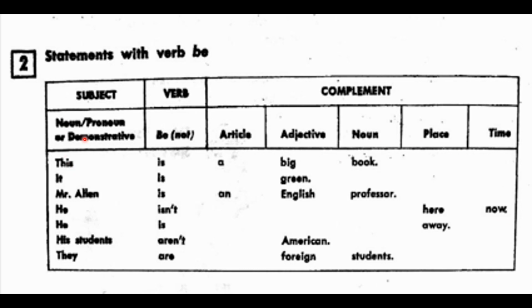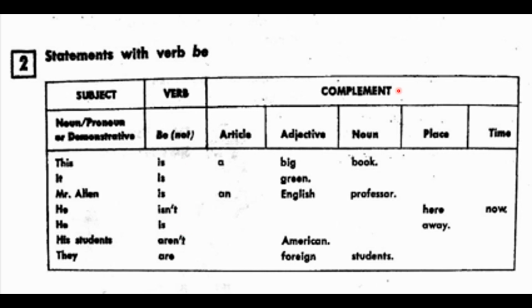So they start with a subject, a noun, like Mr. Allen, a pronoun, like it, he, they, or a demonstrative, like this. The subject is followed by verb be, plus not in the case of negative.